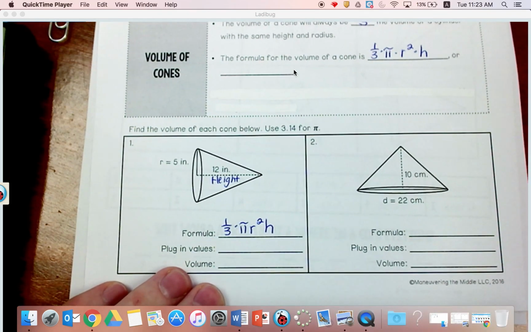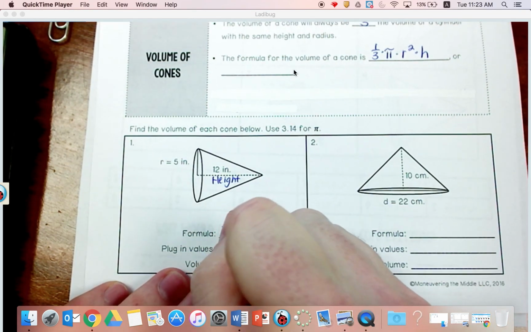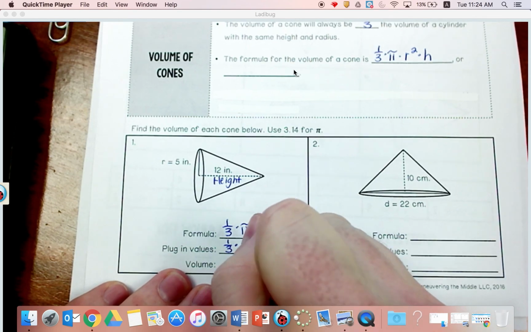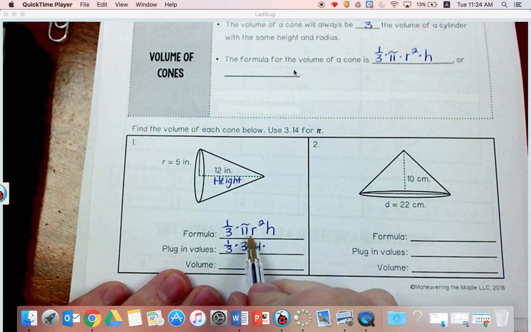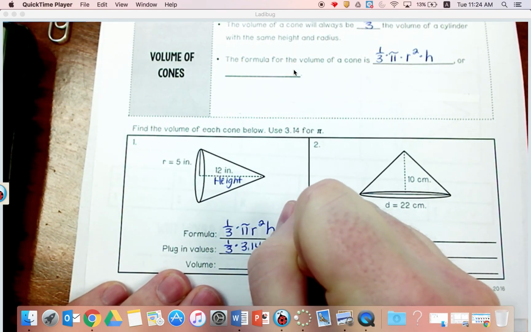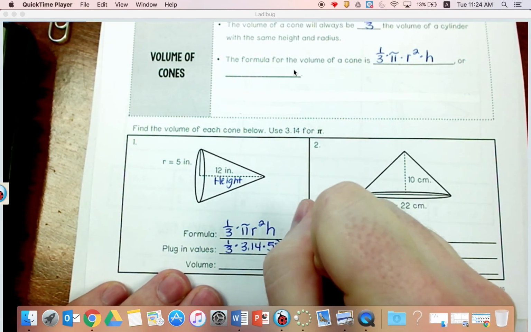And I'm going to plug in my values of what I know. I already know that I have the 1/3. For pi I'm going to use 3.14. For the radius I'm going to use 5, so that's 5 squared, or 5 times 5. And then for the height it becomes 12.